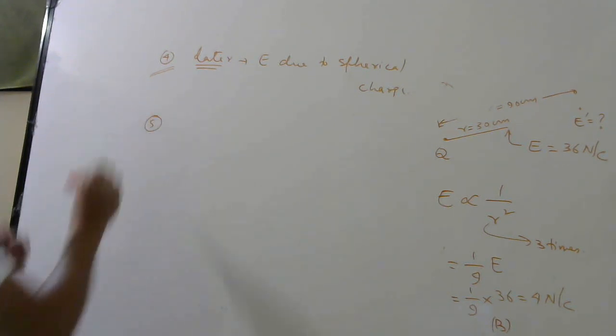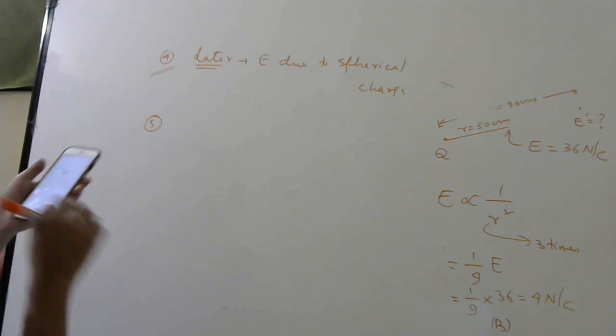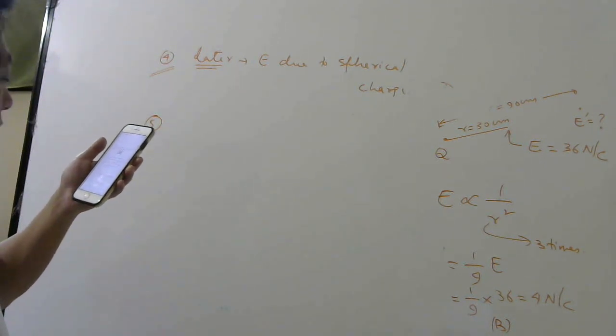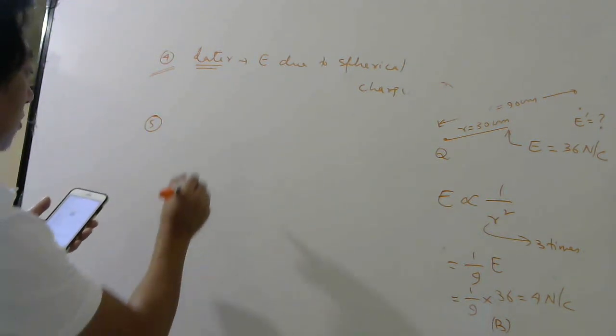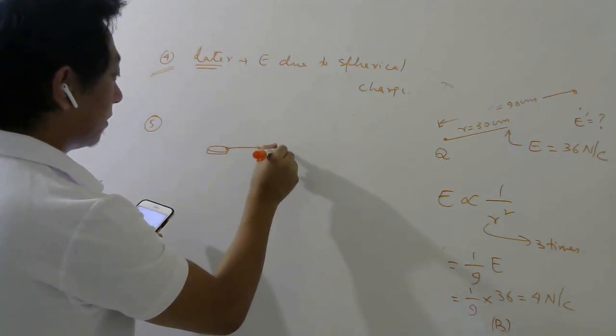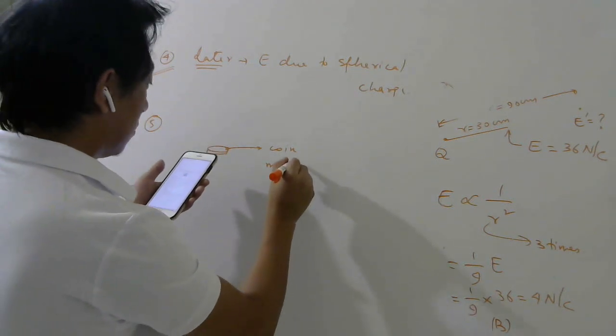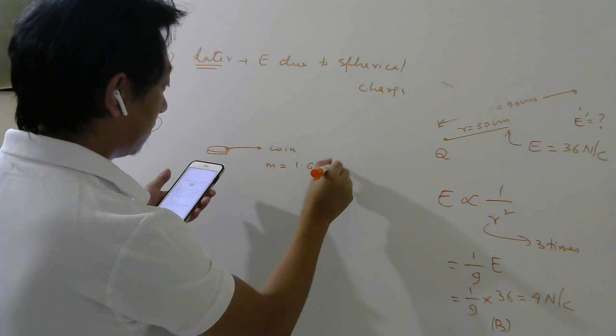Question number 5 you can see now. Question number 5 says, how many electrons should be removed from a coin of mass? So there is a coin. So imagine this is a coin. And the mass of the coin is 1.6 gram.